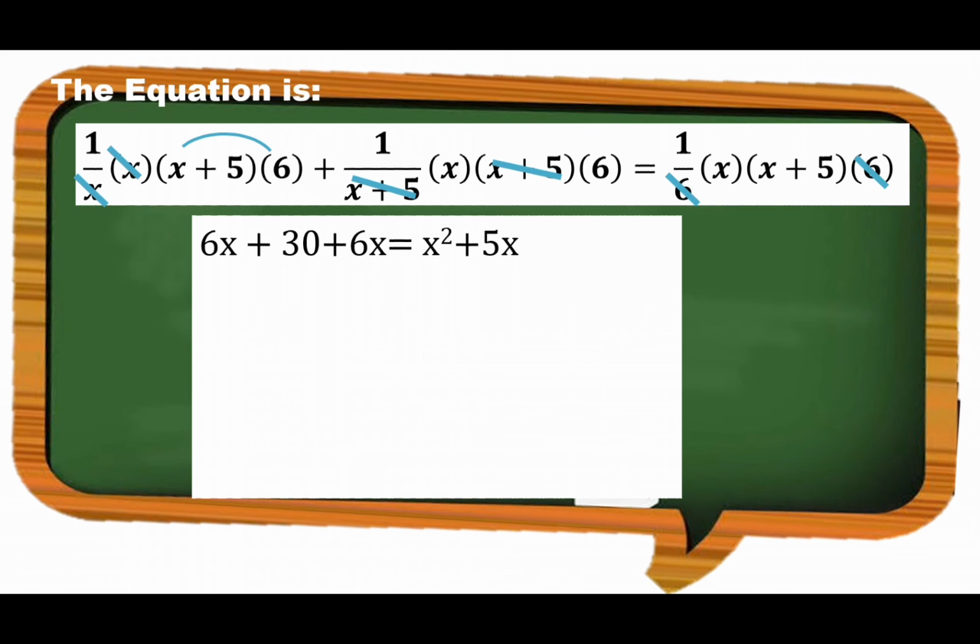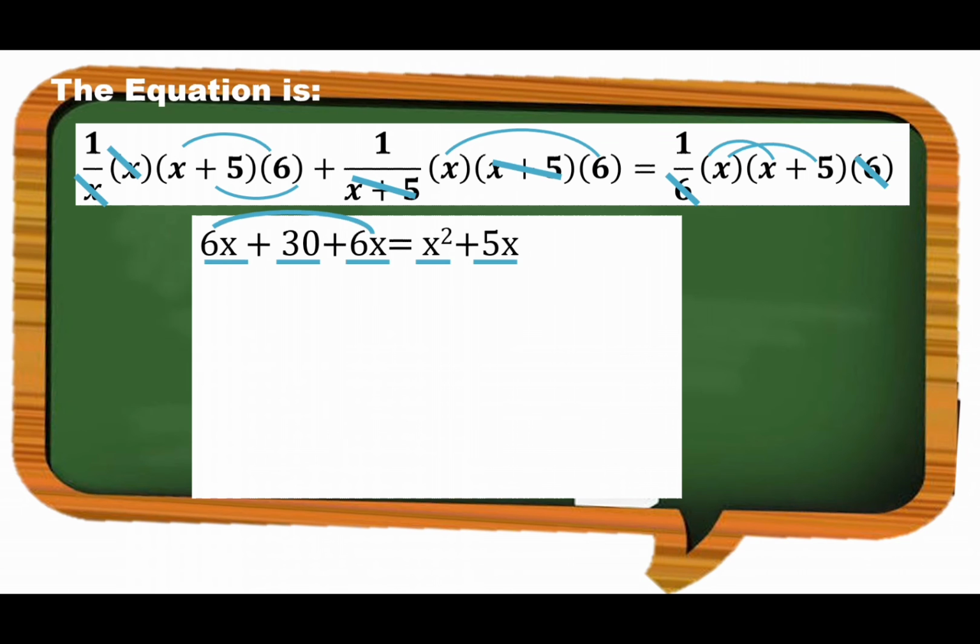So, x times 6, that is 6x. 5 times 6, that is 30. x times 6 is 6x. x times x, that is x squared, then x times 5 is equal to 5x.